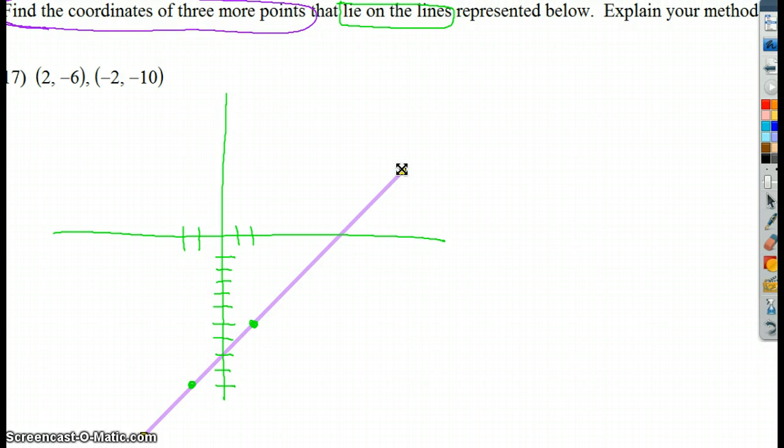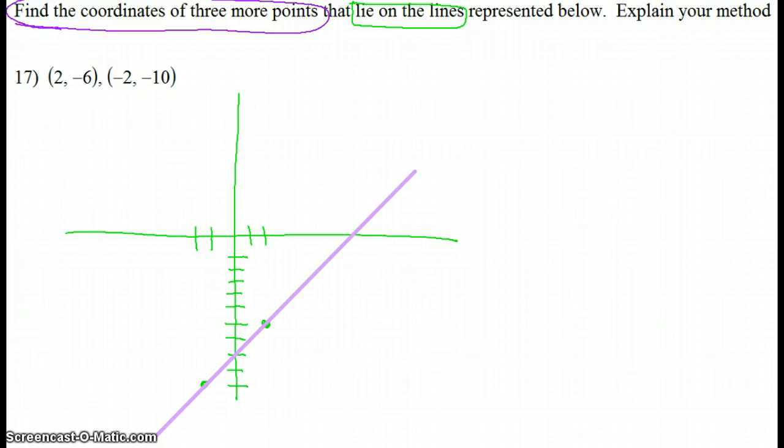Otherwise, the points that lie on that line will not be exact. So I can pick 3 additional points. So this is an original point. And this is an original point. I'm going to pick 3 additional points that lie on this line.